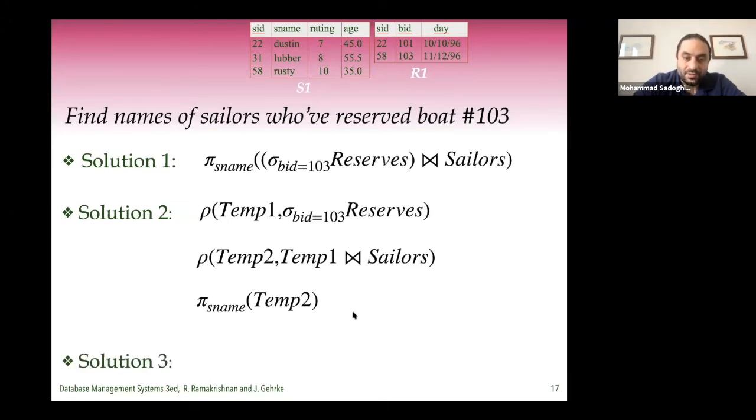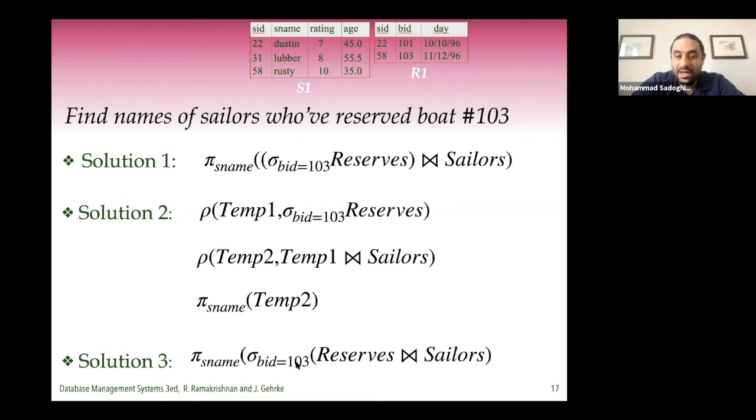Another way of doing it is to first join the relations reserve and sailor, then filter out anyone who didn't reserve both 1 and 3, and then project out their name. Now comparing solutions, solution 1 and 2 are identical.